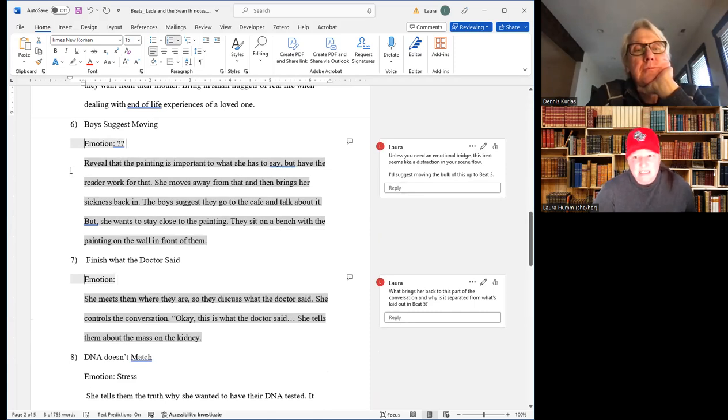she's saying that the painting is important to her, and she moves away from the sickness and then comes back to it, and the boys are suggesting they move to the cafe, but they agree to sit on the bench. So I think this could be an important element, but what emotion are you trying to convey here?